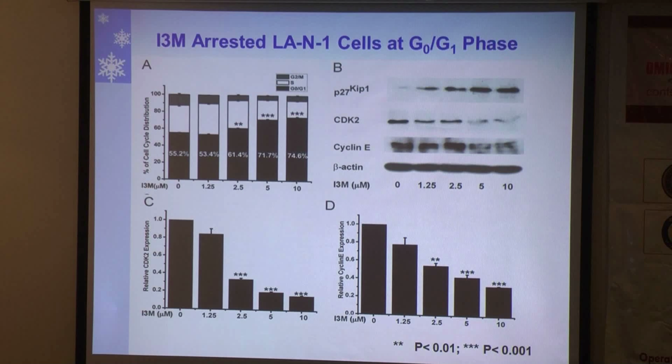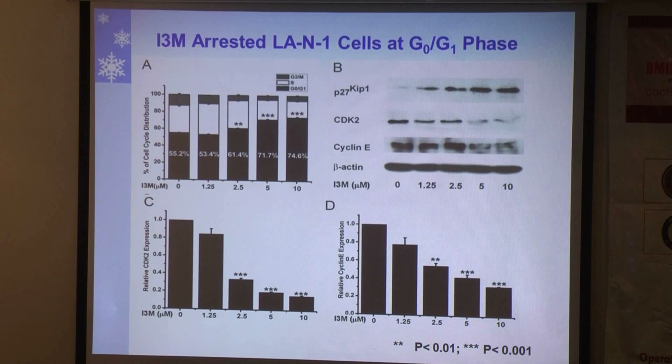How about cell cycle arrest? We tried to do cell cycle analysis, and you can see here I3M can arrest the cell cycle of LAM1 cells. Basically, here is the G1 cell arrest with a simultaneous decrease in the cells at the S phase.